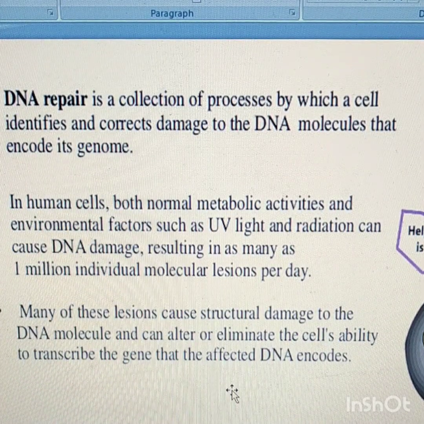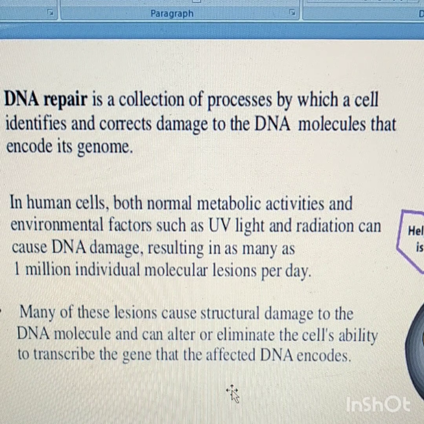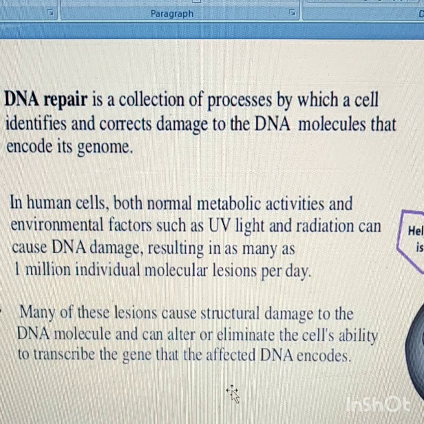In human cells, both normal metabolic activities and environmental factors such as UV light and radiation can cause DNA damage, as I have already said earlier, resulting in as many as 1 million individual molecular lesions per day. Many of these lesions cause structural damage to the DNA molecule and can alter or eliminate the cell's ability to transcribe the gene that the affected DNA encodes.